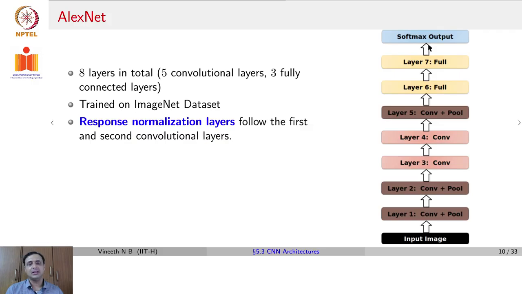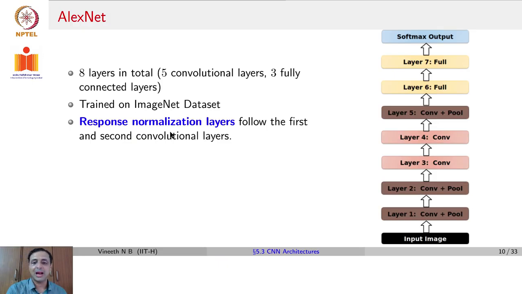The AlexNet designers also introduced a normalization layer called the response normalization layer. So far we saw a batch normalization layer. Similarly, the response normalization layer normalized all the values in a particular location across the channels in a given layer.